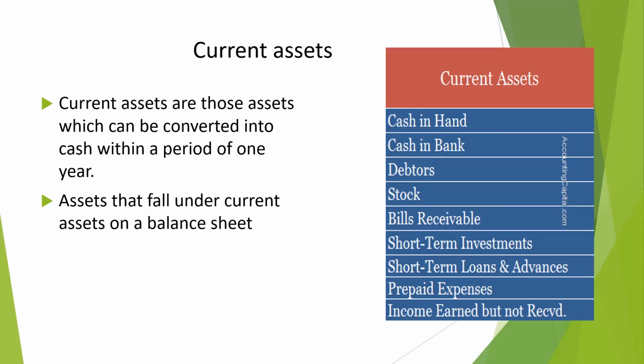Assets that fall under current assets on a balance sheet. These are all the current assets. The list of current assets are cash in hand, cash in bank, debtors, stock, bills receivable, short-term investments, short-term loans and advances, prepaid expenses, income earned but not received.